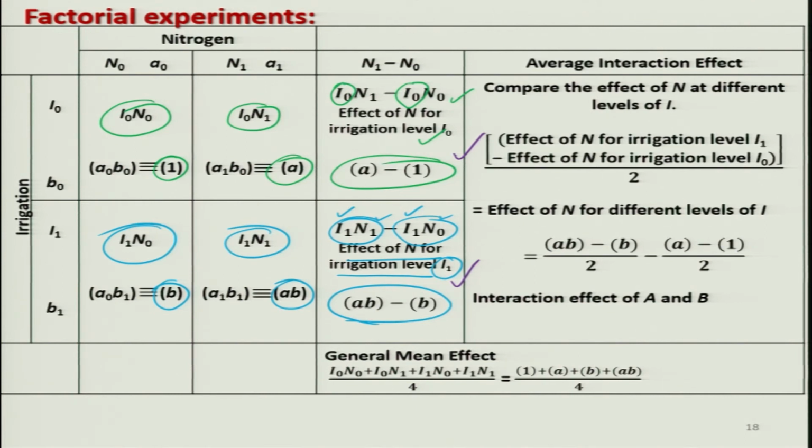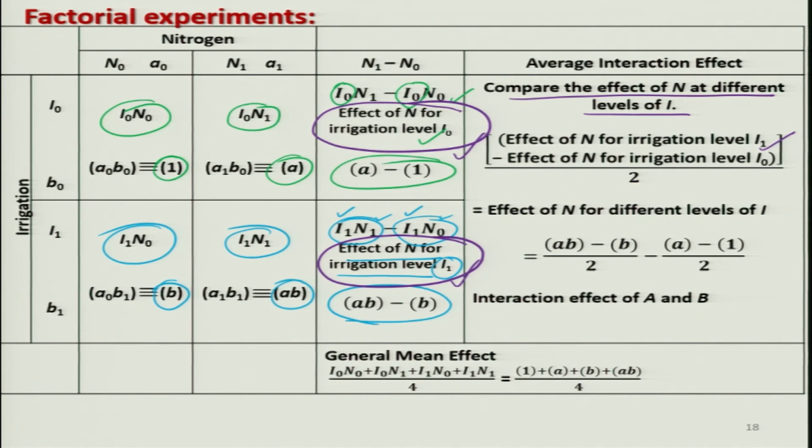So, if you try to see, if I try to compare the effect of nitrogen at different levels of irrigation, I can consider the effect of nitrogen at irrigation level I1 minus the effect of nitrogen for irrigation level I0, divided by 2.